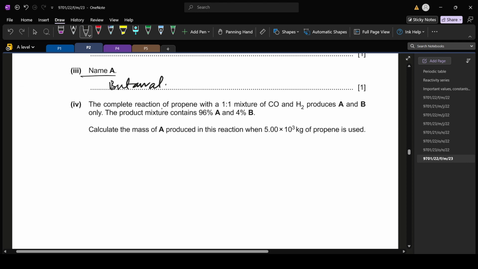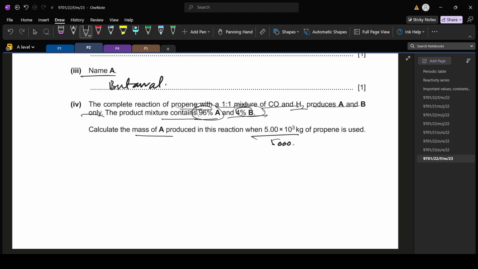Now the complete reaction of propene with a 1:1 mixture of carbon monoxide and hydrogen produces A and B only. Okay, the product mixture contains 96% of A and 4% of B. Calculate the mass of A produced in this reaction when 5 × 10^3, which is actually 5,000 kilograms of propene is used.